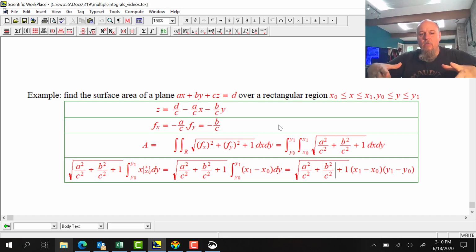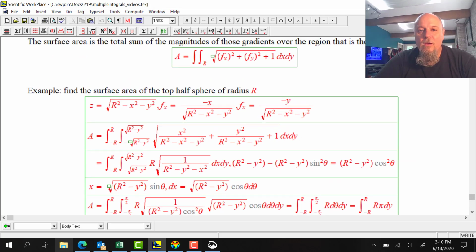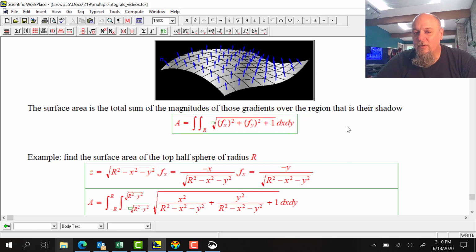D moves it up and down. That means the area of the plane over the shadow is the shadow. Sure, that all makes good sense to us now. Anyway, these are two examples of using this double integral formula to get the area of a surface.